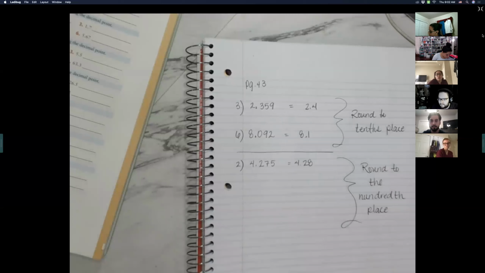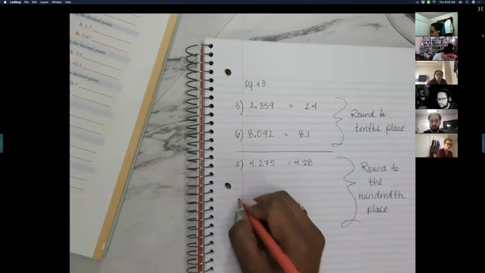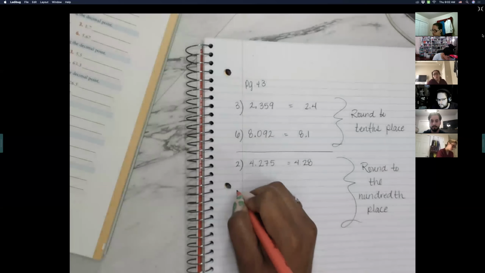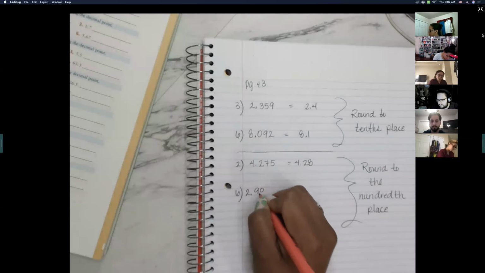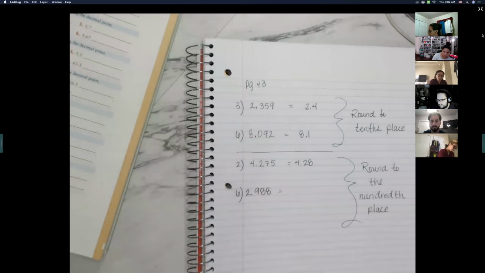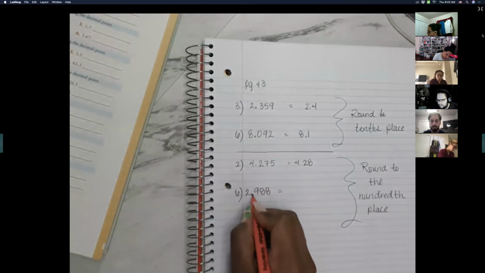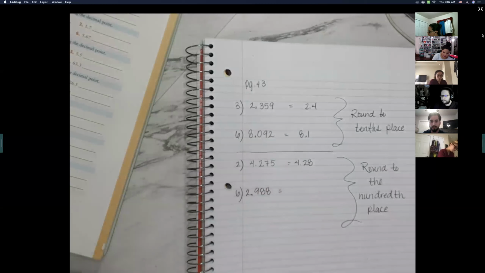Okay, let's do number 6. It's 2.988. So rounded to the hundredths place. 3. Rounded to the hundredths place. Oh, sorry. 2.99. Yeah. Perfect.